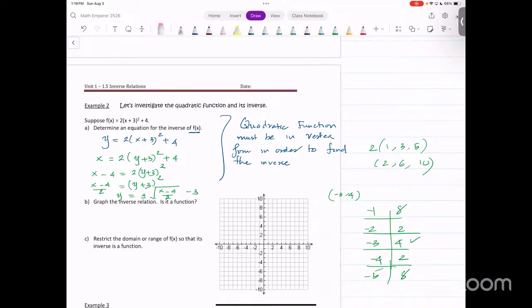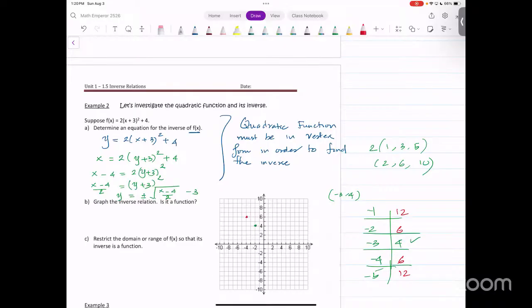That's my vertex, -3, comma 4. Let me mark that. The step pattern is 1, 3, 5, 2, 6, 10. So if I add 4 plus 2, oh no, that's 6. 6 plus 6 is 12. So -3, comma 4, then -4, comma 6.